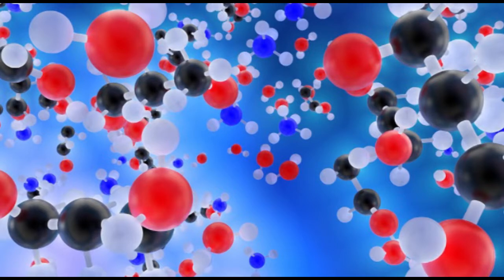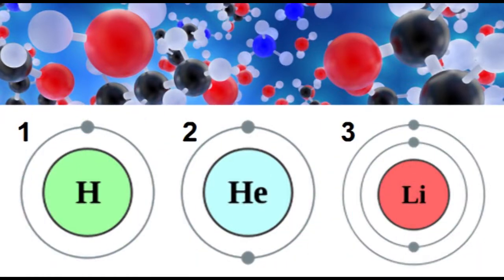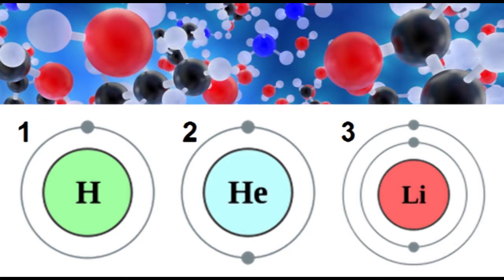Now let's carefully take a typical example. Why do atoms bond together? Now when you carefully study the various atoms that we have, you would realize that certain atoms do not have a complete electronic configuration. For example, you realize that hydrogen has only one electron in the first shell.